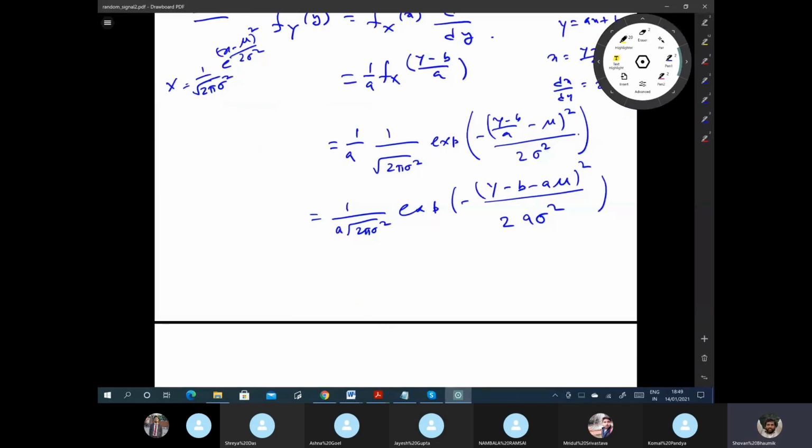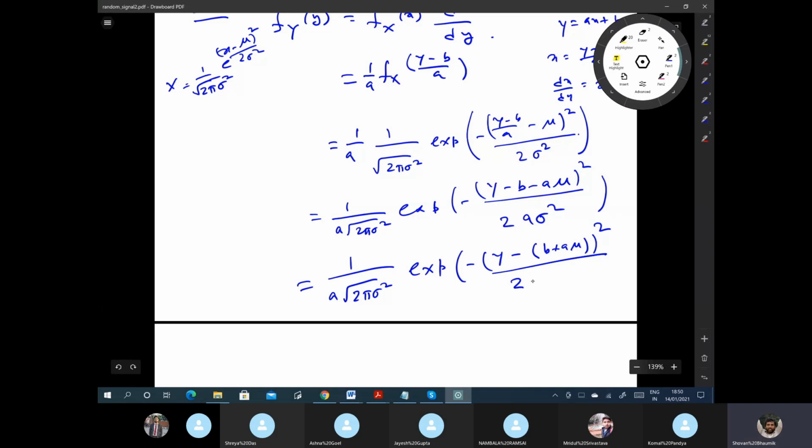It means 1 by a root 2 pi sigma square, exponential minus y minus b plus a mu whole square by 2 a square sigma square.